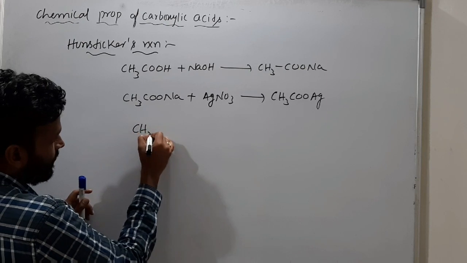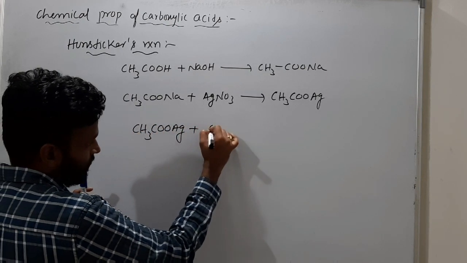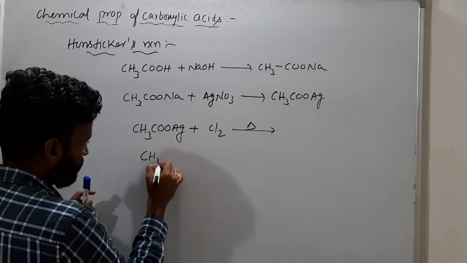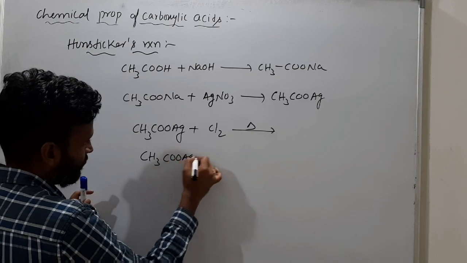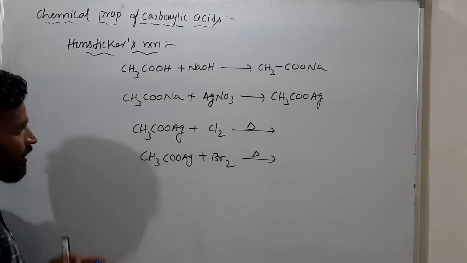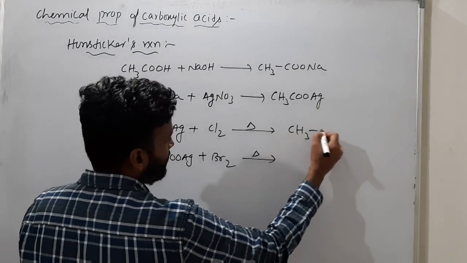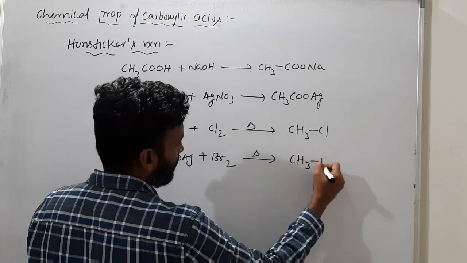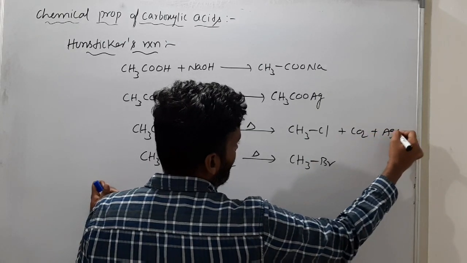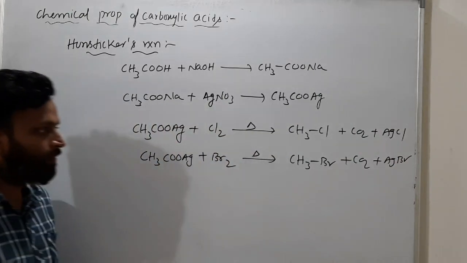When this silver acetate reacts with chlorine on heating, or you can use bromine, what happens? Very simple, you have CH3Cl here, CH3Br here, along with CO2 and AgCl, or CO2 plus AgBr.